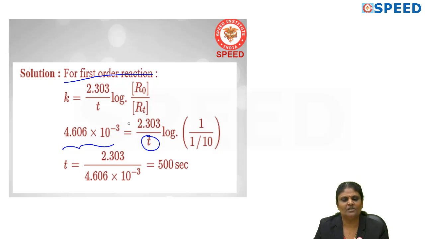So you have to transpose this t to left hand side and take this one from left to right. Okay, so this will become 2.303 divided by 4.606 into 10 to the power of minus 3. So if you cancel, you get the answer 500 seconds.